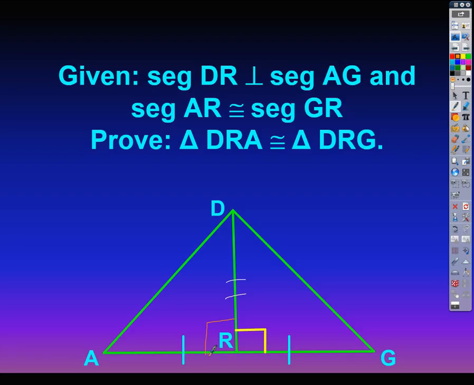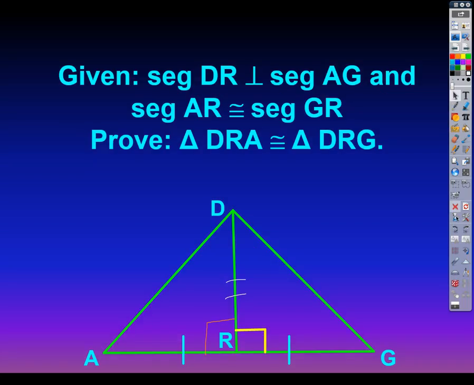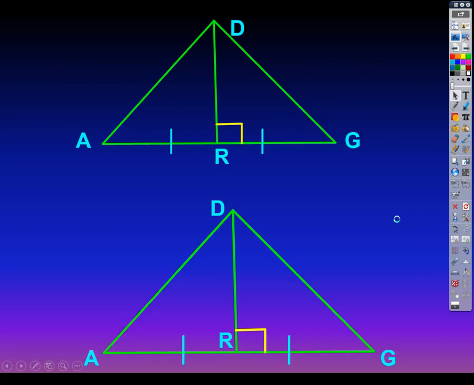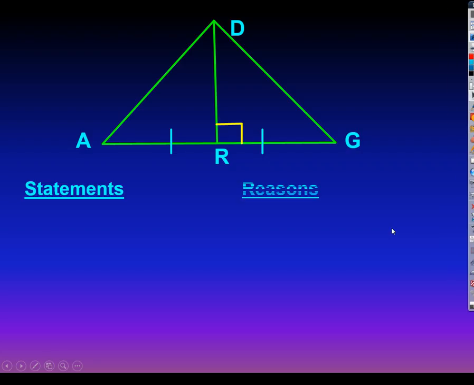So now what's gonna be the congruence reason for these two triangles? Side angle side, yeah. 2 sides and the included angle of each triangle are congruent, right? So if I wanted, once again, to write that up as more of a formal proof, I'm given some stuff.